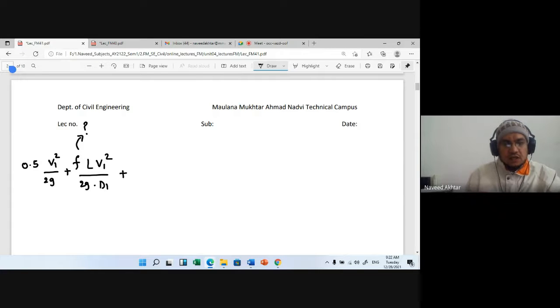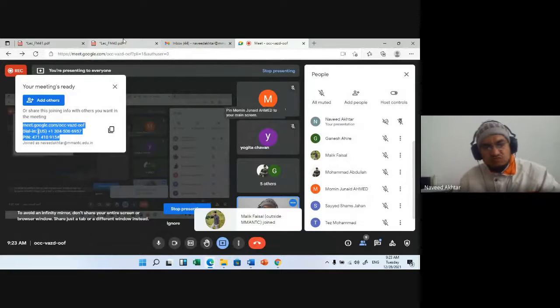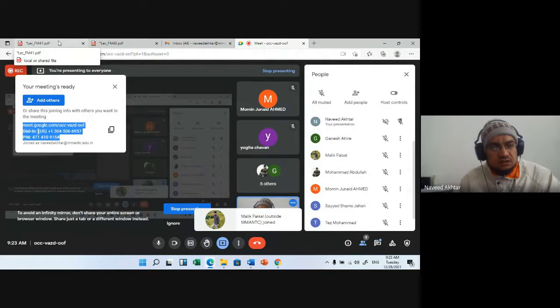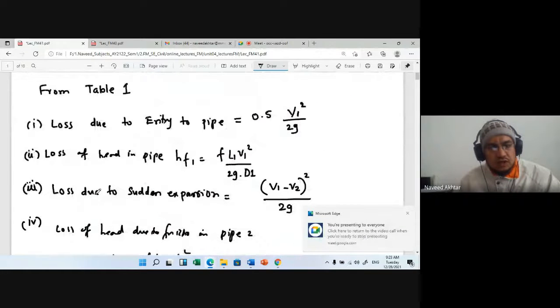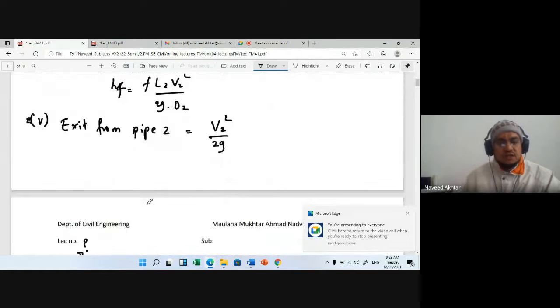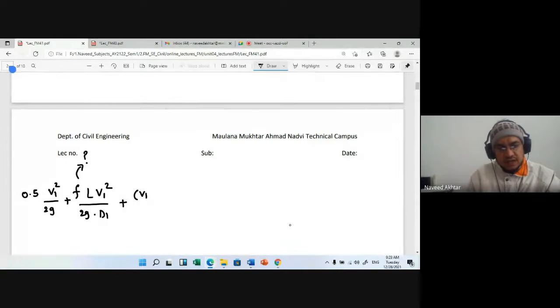Okay. Now what is the third loss? The third loss will be the loss of head due to sudden expansion, and that we know is (V1 minus V2) whole square upon 2g.